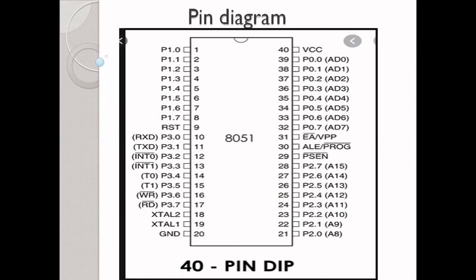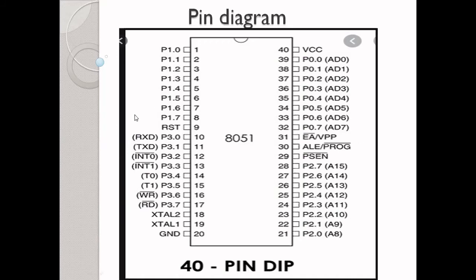Next one is PSEN, program store enable. It is used to read the data from the external memory. EA is used to enable and disable the external memory. PSEN, program store enable, is used to read the data from the external memory.